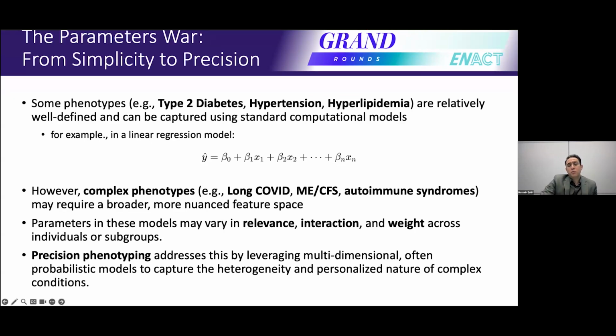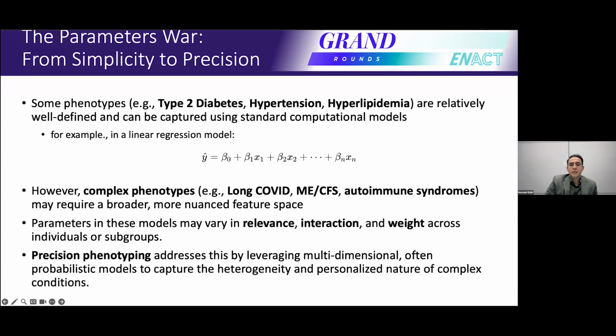But when we step into the real world of complex phenotypes, like long COVID, as I mentioned, or ME/CFS, or autoimmune disorders, that simple model falls apart. These conditions involve dozens, if not hundreds, of parameters, and they don't behave in a straight line.